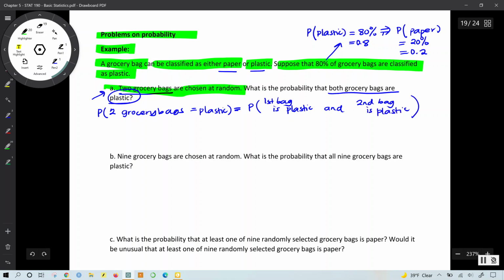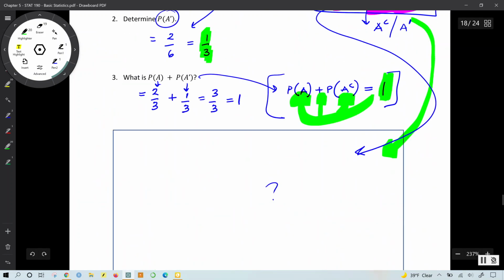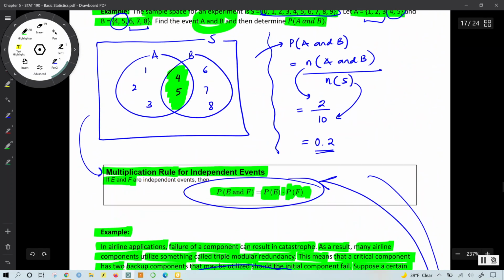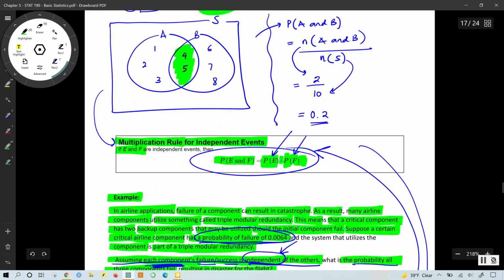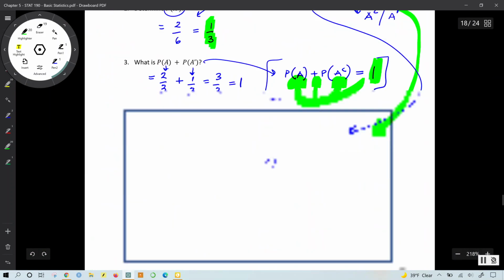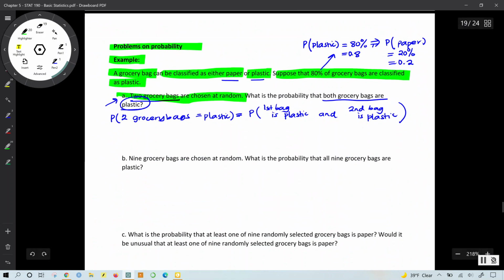Since they are independent events, based on what we learned about independent events earlier, I can split the probabilities into individual probabilities, and then multiply them together. So let's apply that here.